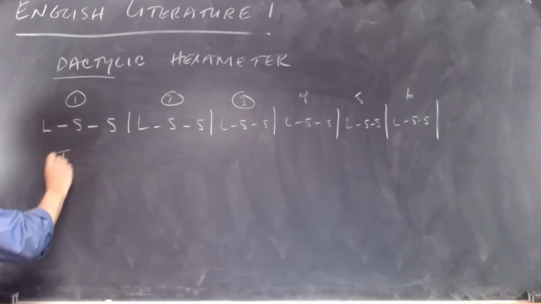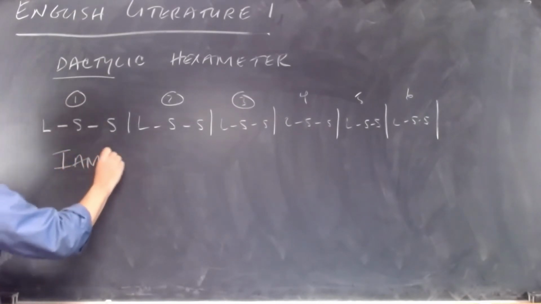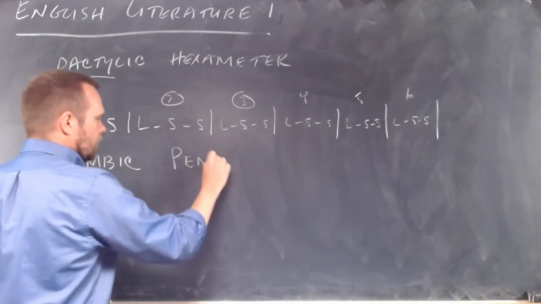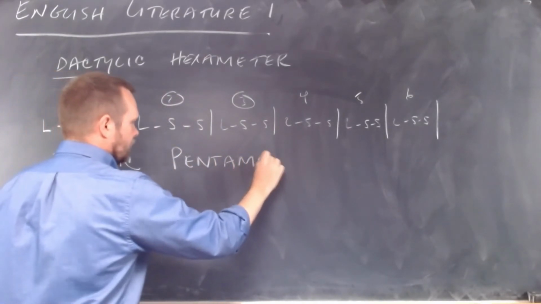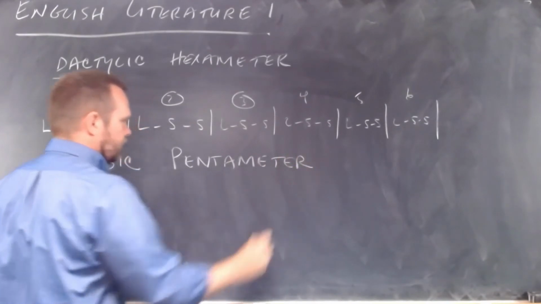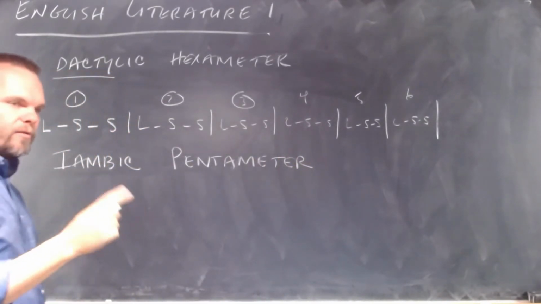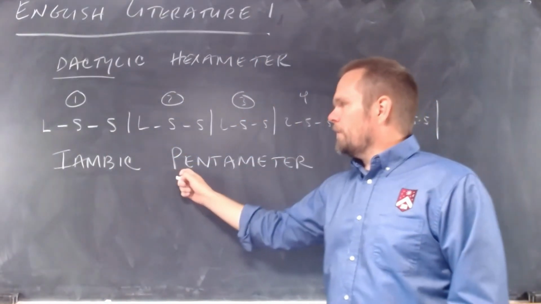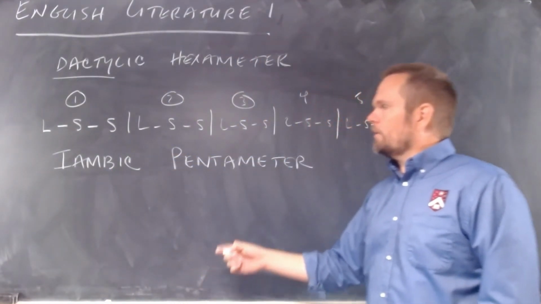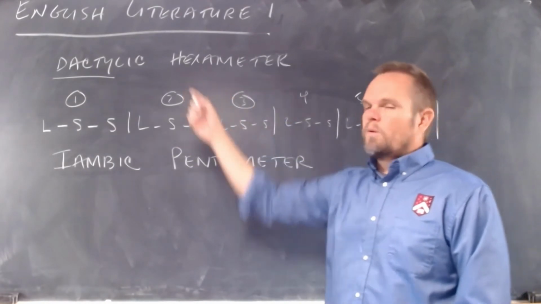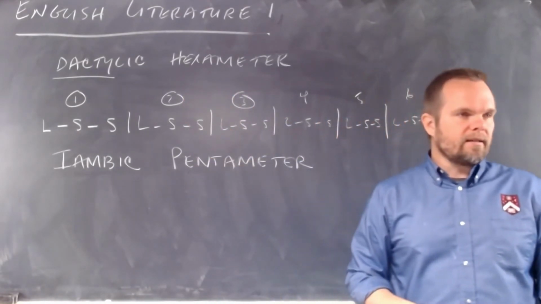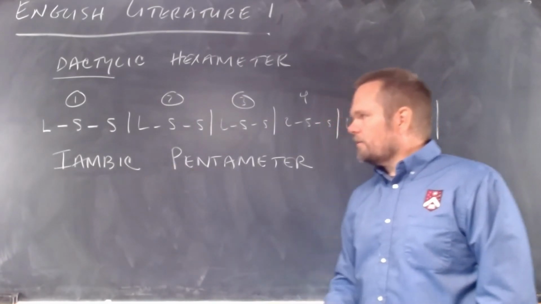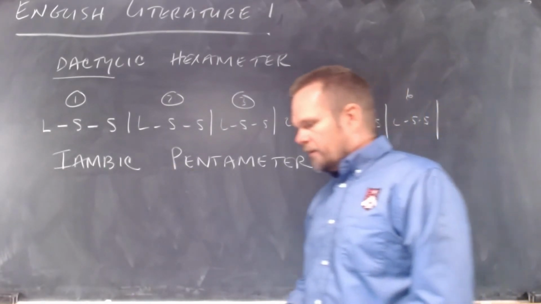He uses something that's called iambic pentameter. A different rhythm because this rhythm is better suited to the English language. This rhythm works well with Greek and Latin, but iambic pentameter is used by the English poets.